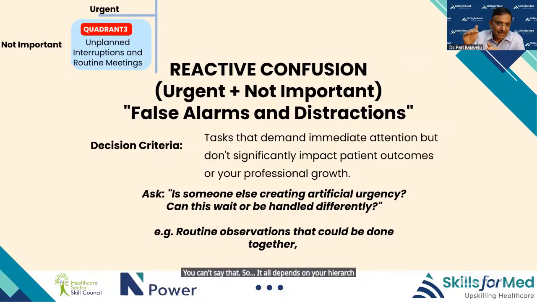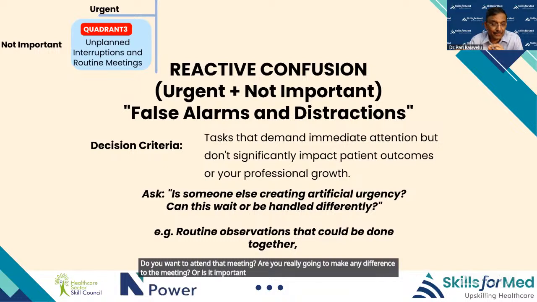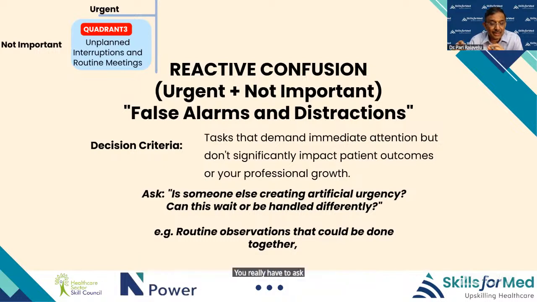But once you come to the middle grade or a little bit above that, a supervisory role, it's a very, very important decision you have to make in quadrant three. Do you want to attend that meeting? Are you really going to make any difference to the meeting, or is it important to me? You really have to ask yourself and be selective about attending such meetings. This is where you can actually save a lot of time, right? So that is quadrant three. Next slide.